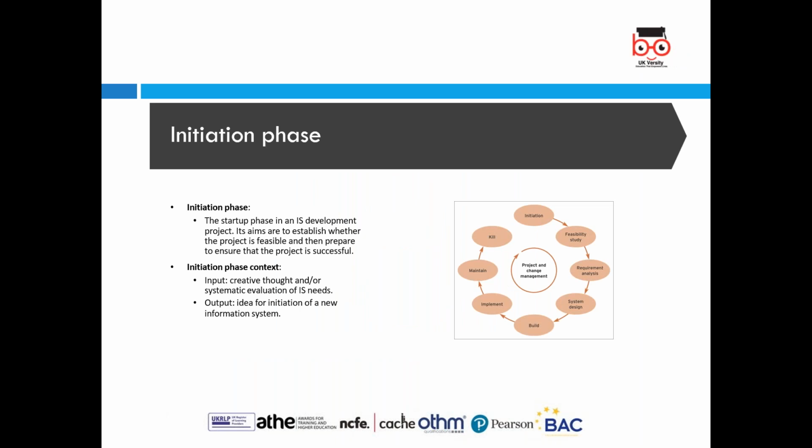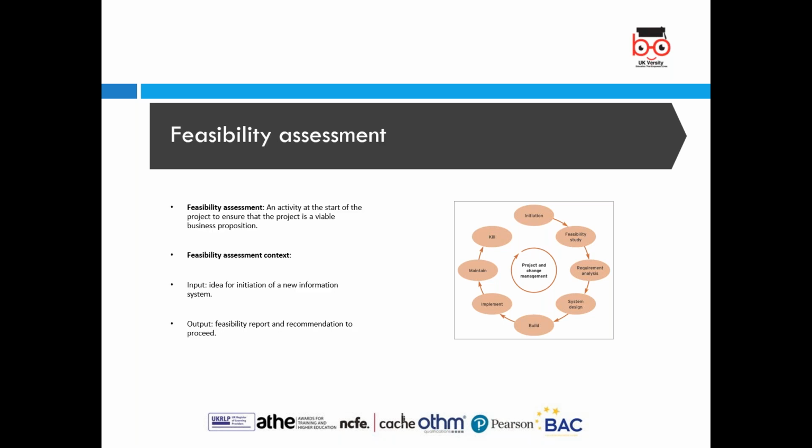As we already mentioned, we have the planning phase, which is simply called initiate, where we pick up the case study, analyze it, and draw a methodology and a time frame.